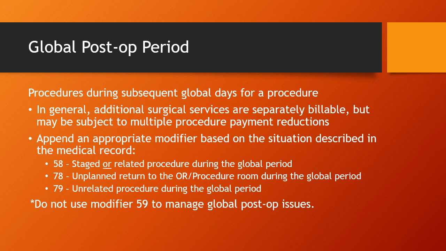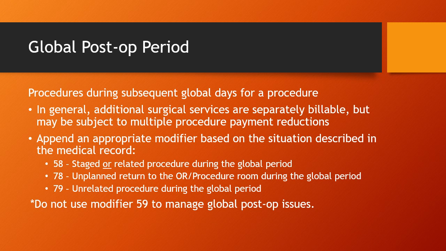If I have to take the patient back to the operating room or the procedure room like the IR suite or the cardiac cath lab during the global period, that one's a 78 when it's unplanned. If I have to do a secondary procedure or an unplanned related procedure in the doctor's office or some other location that's not the OR or procedure room, I'm using a 58.